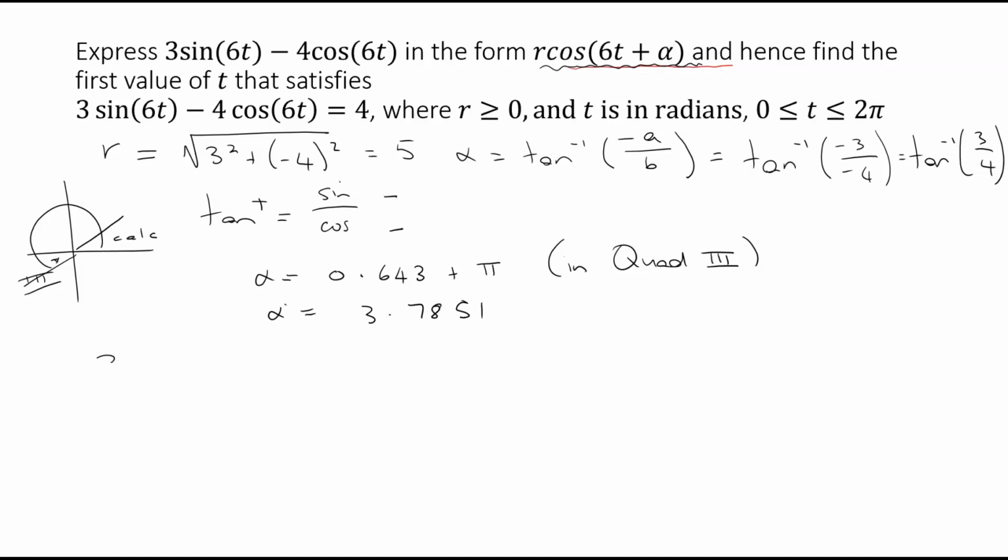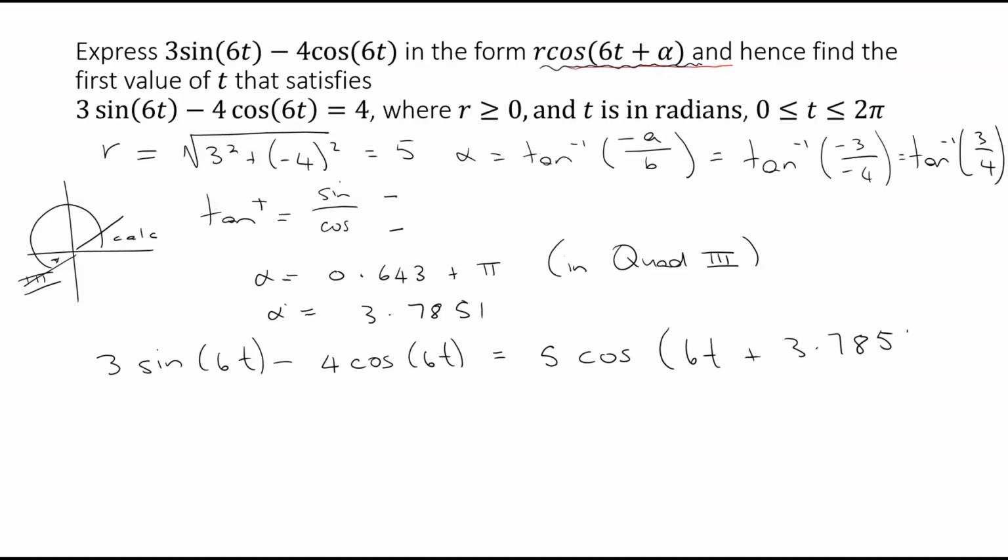Now our expression is rewritten as 5 times cos of 6t plus 3.7851.